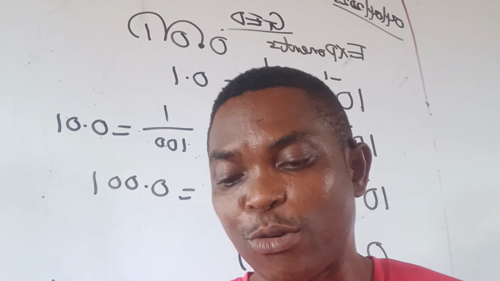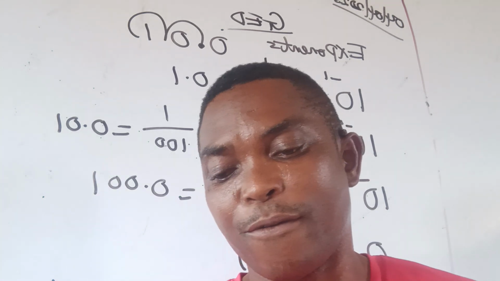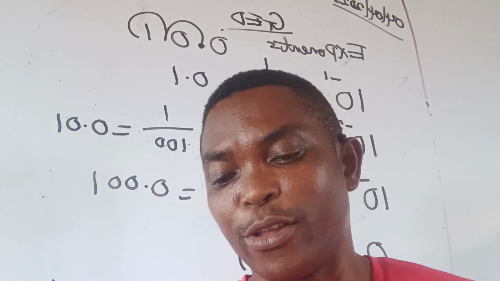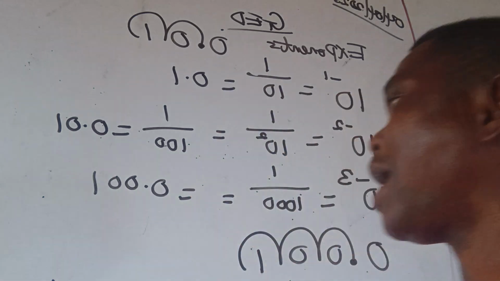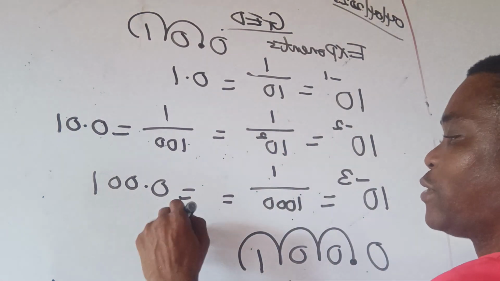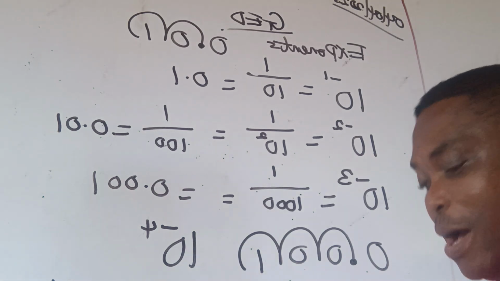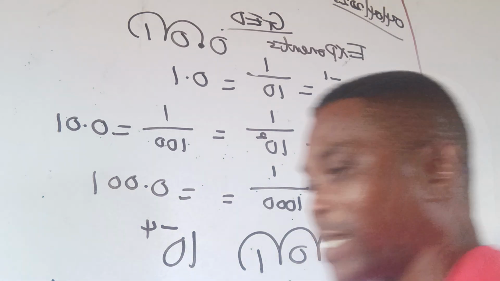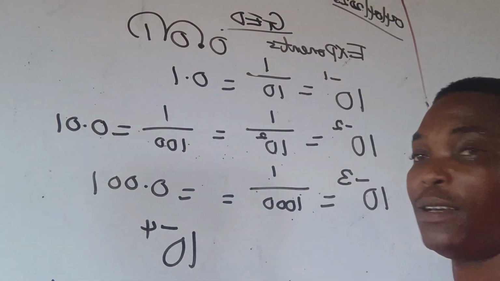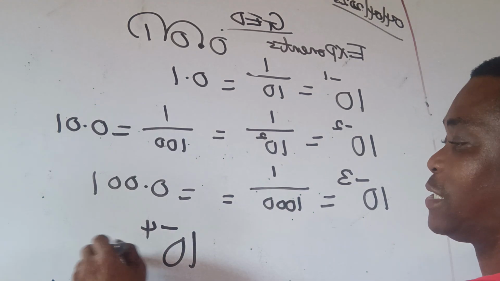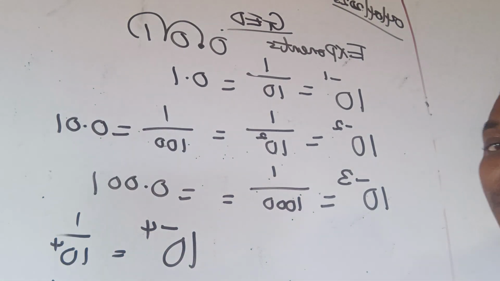So taking a good look at the negative value that we just discussed, the negative exponents for a power of 10 and the number of decimal places are the same. 10 raised to power minus 4. Look at this, 10 raised to power minus 4. It's easy. It's still the same thing as 1 over 10 raised to power 4.